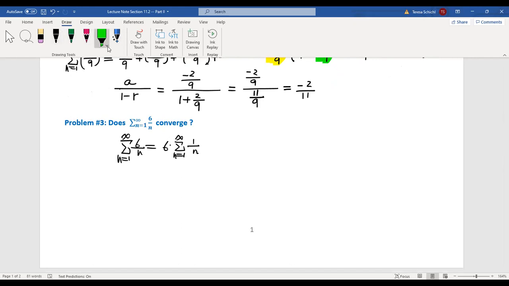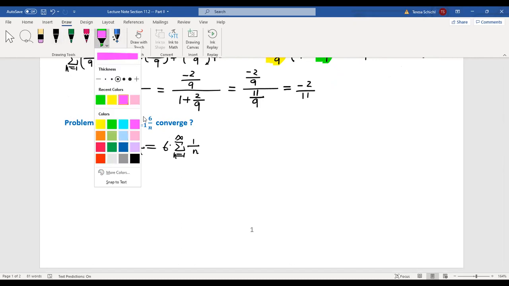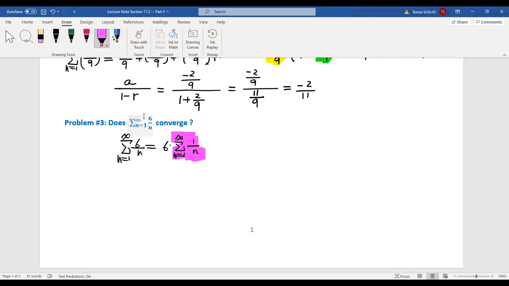Then I know what happens to this series. This is the harmonic series. The harmonic series is a divergent series, right? So a constant times a divergent series is still divergent.